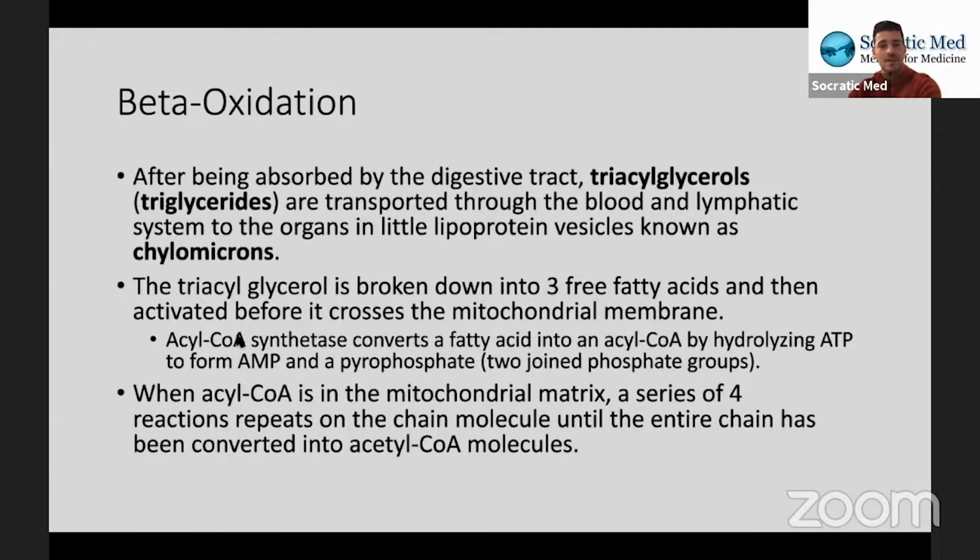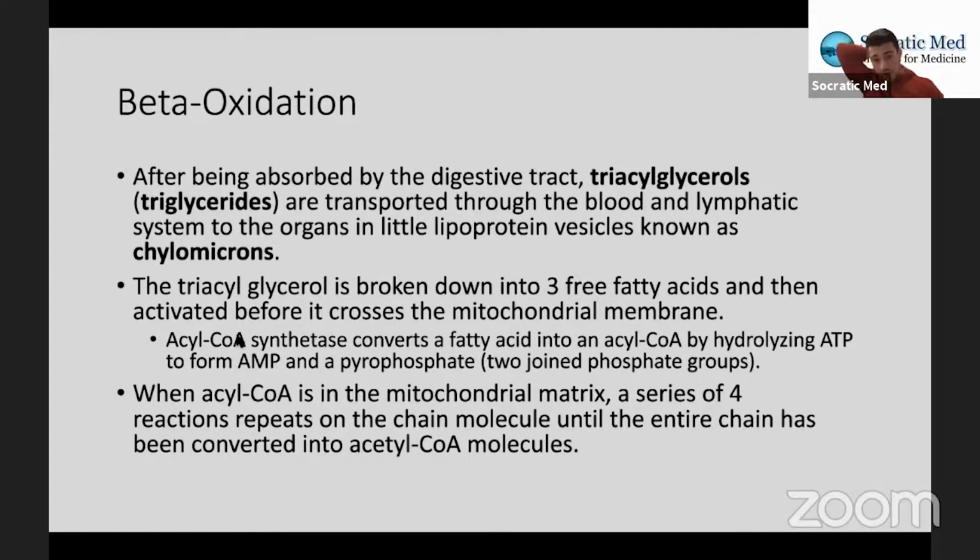Once they get to the target tissue, the triacylglycerol is broken down into 3 fatty acids and then activated before it crosses the mitochondrial membrane. When I say activated, I mean that acyl-CoA synthetase converts a fatty acid into acyl-CoA by hydrolyzing ATP to form AMP, as we were talking about before, and a pyrophosphate. The pyrophosphate is those 2 joined phosphate groups.